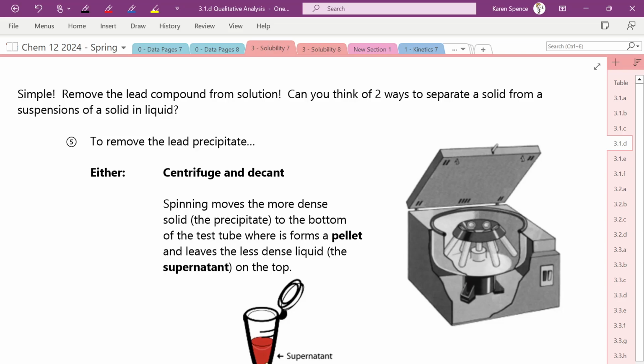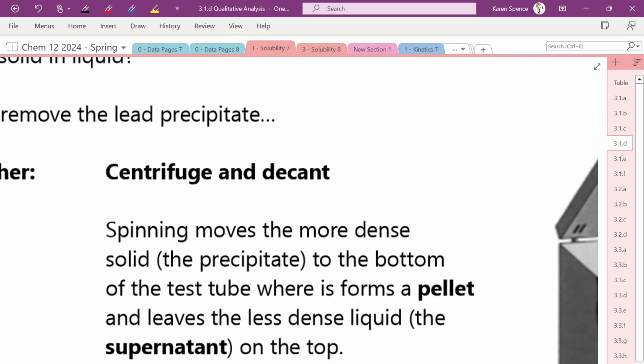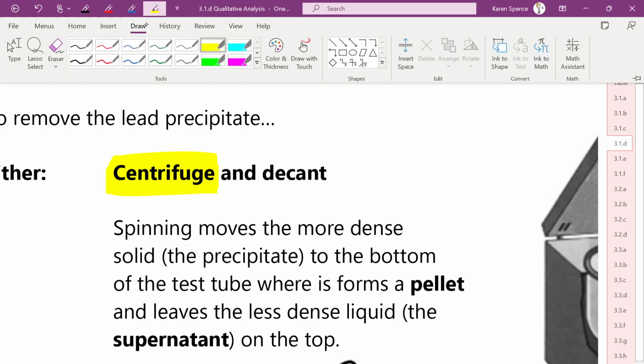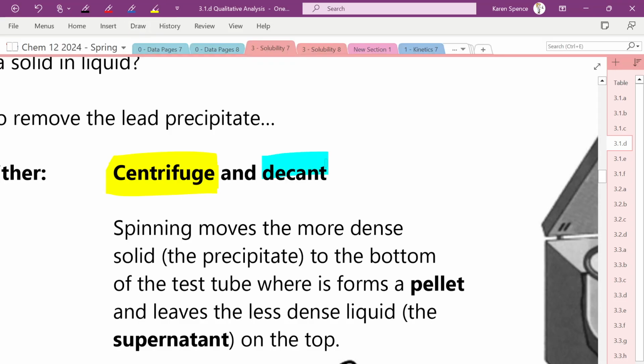So there's two parts to this. Right now we are doing the centrifuge part. And afterwards we are going to do the decant part.